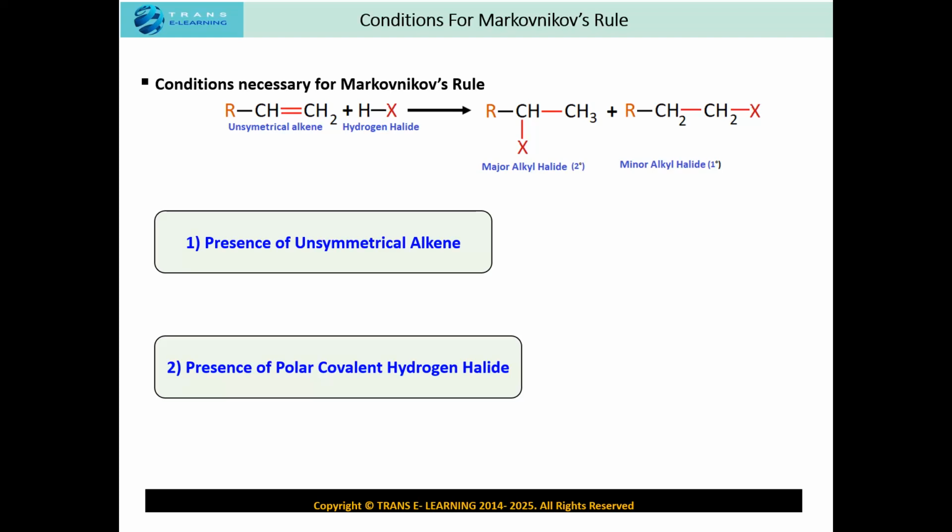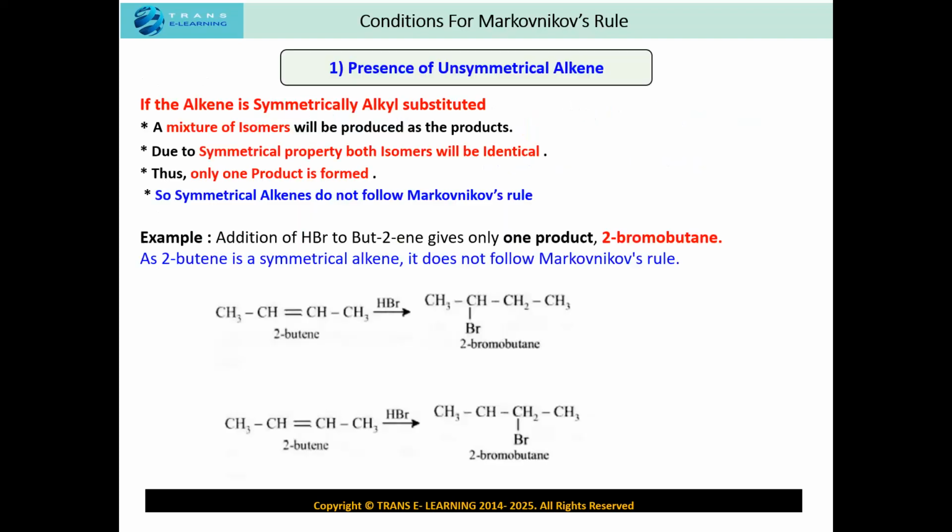The two conditions which are necessary for Markovnikov's rule are the presence of an unsymmetrical alkene and the presence of a polar covalent hydrogen halide. So let's see how the presence of these two parameters is necessary for the mechanism of Markovnikov's rule. First, the presence of an unsymmetrical alkene.